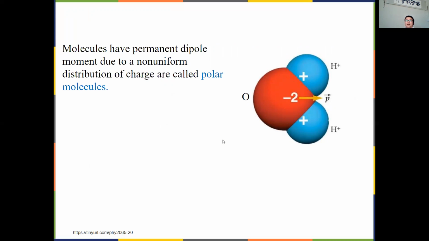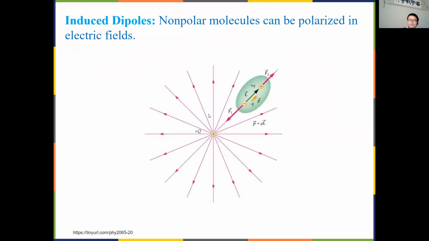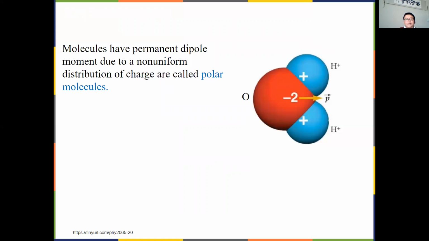Many molecules are themselves dipoles, for example H2O, or most asymmetric molecules like CO2, etc., or CO. For those molecules that have a dipole moment, they are called polar molecules.